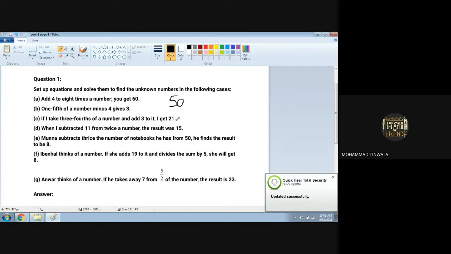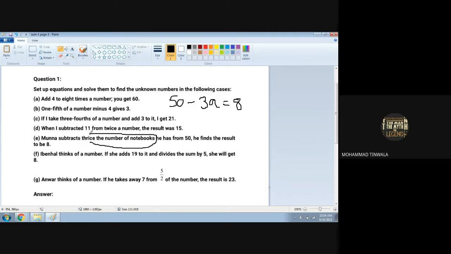He has 50. 50 minus thrice a number means, for example, 3a. A is unknown. So 3a, we get the result as 8. Did you understand or not? He has 50 in total, and thrice the number of notebooks he has is deducted, so result was 8. Have you all understood this? Yes, sir. Chalo, next.